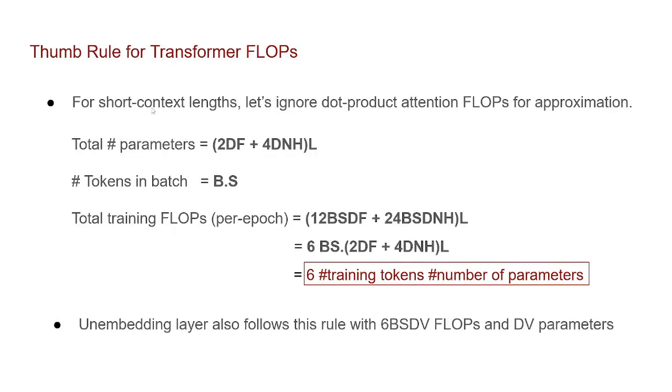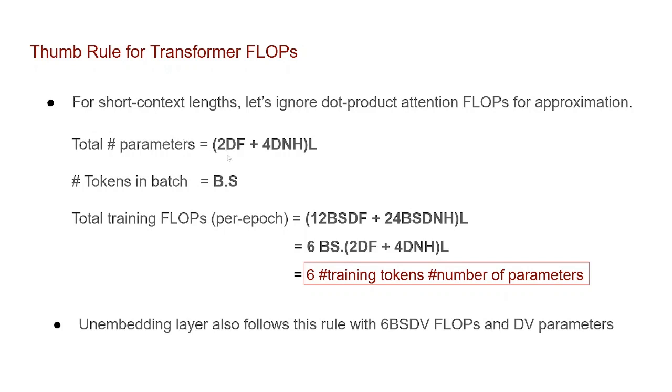Assuming training with short context length samples, in that case, we can ignore the dot product attention training flops, just as a rough calculation, and consider the flops going on in the position-wise feed-forward network and the linear projections in the attention module.